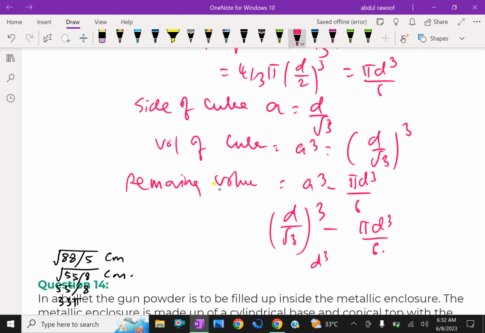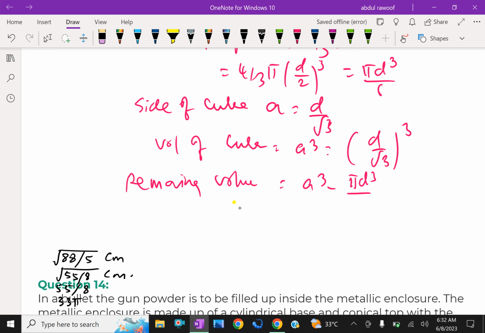Now d cube by 3 we take out, which gives your remaining volume.